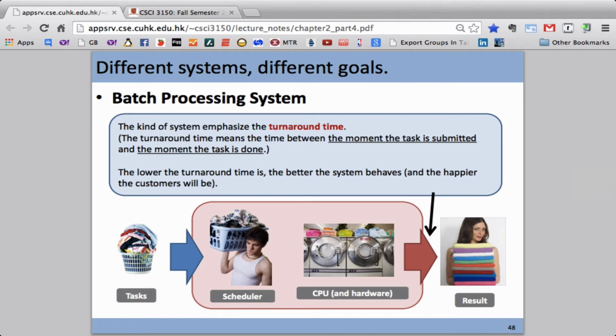I have never seen this; I'm too young. Their job is to submit the punch cards, and the output is a printout, a paper with the answer you have computed. Now, the system admin will try to submit the job, and what is the meaning of minimizing your turnaround time?